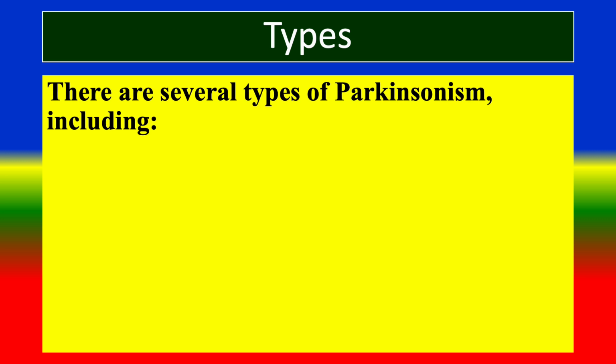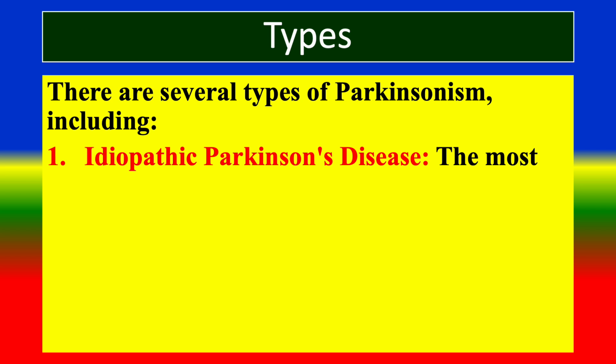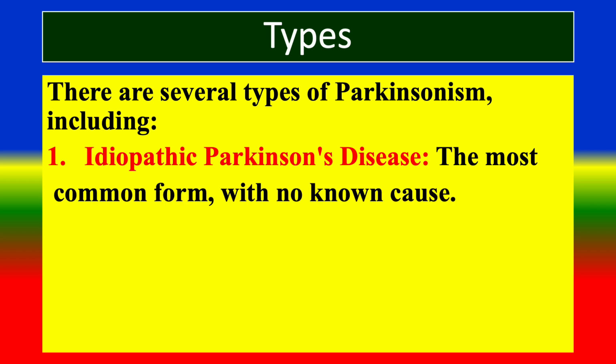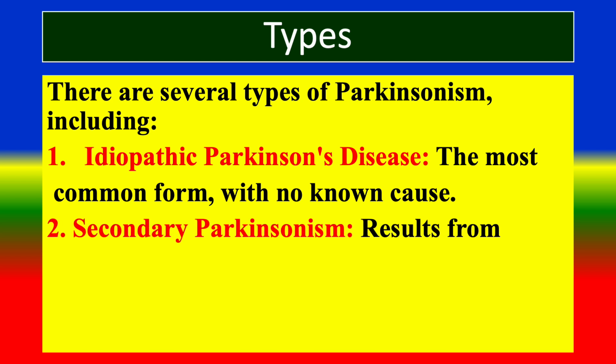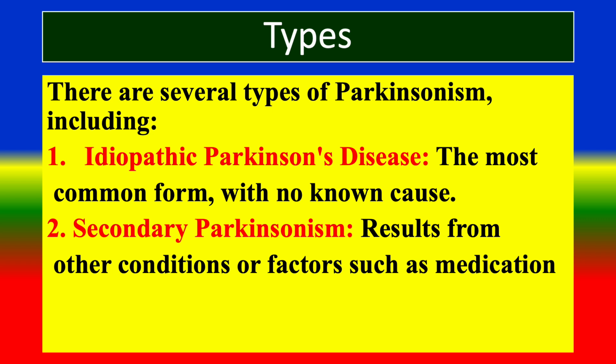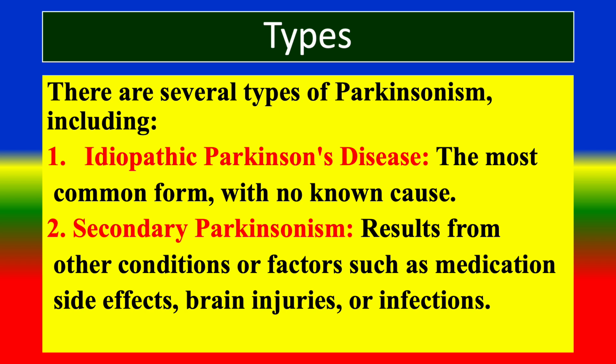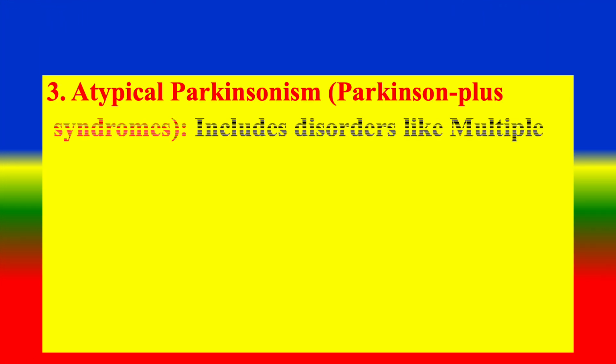Types. There are several types of Parkinson's disease, including: 1. Idiopathic Parkinson's disease, the most common form, with no known cause. 2. Secondary Parkinson's disease results from other conditions or factors such as medication side effects, brain injuries, or infections. 3.